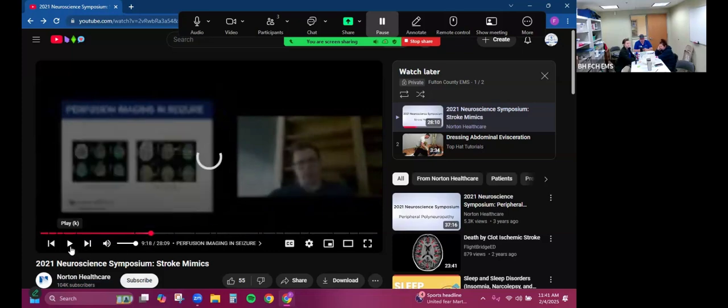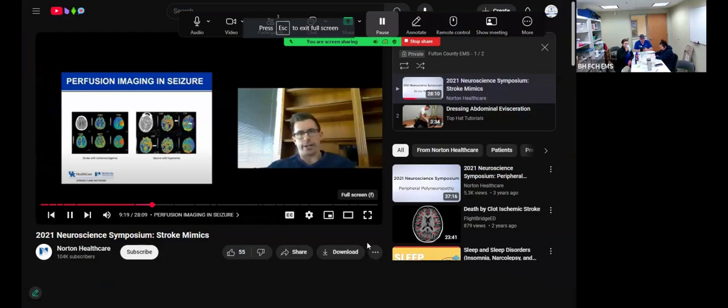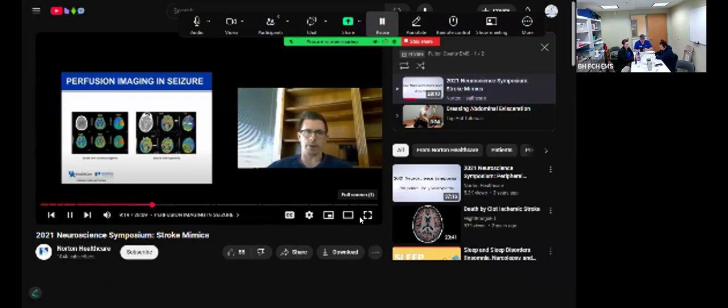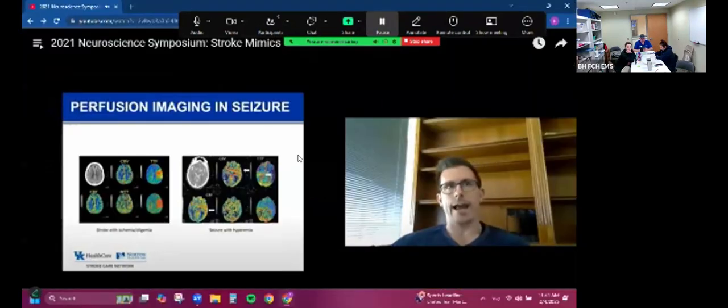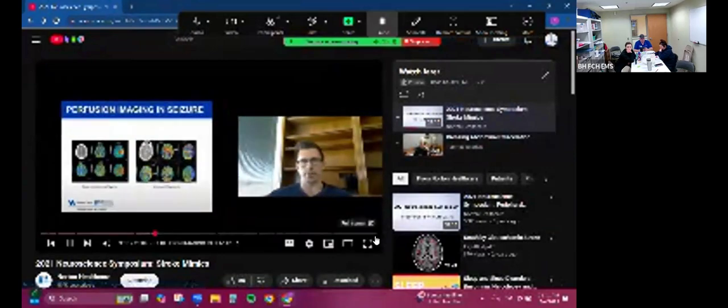Right there. Another interesting, cool thing about imaging here with respect to seizure. CT perfusion is something we've started doing a lot more in acute stroke. This shows us how quickly blood is moving through the brain. It helps us mostly with making decisions about mechanical thrombectomy, but it can give us some clues to other diagnoses also.